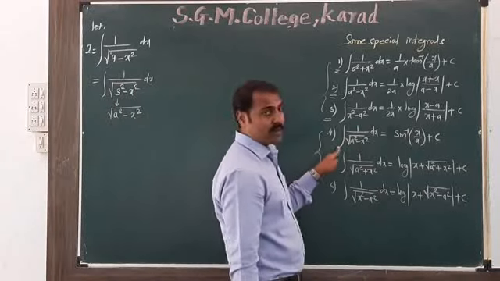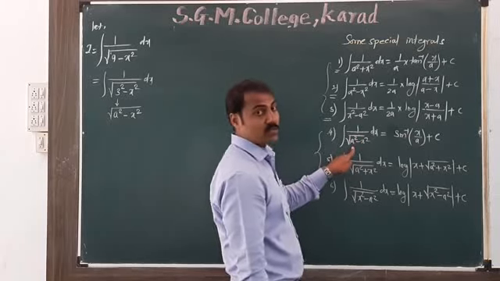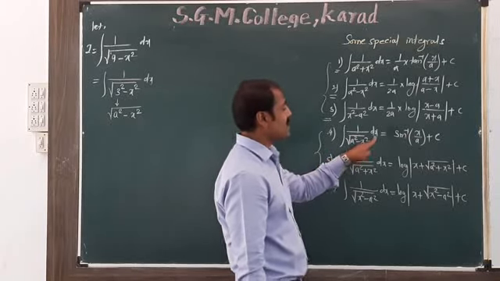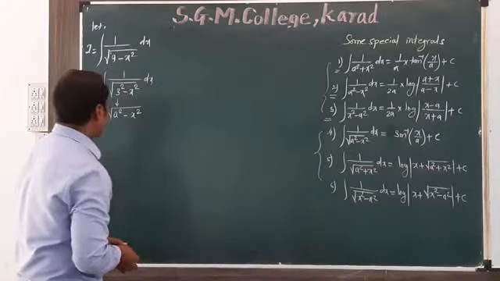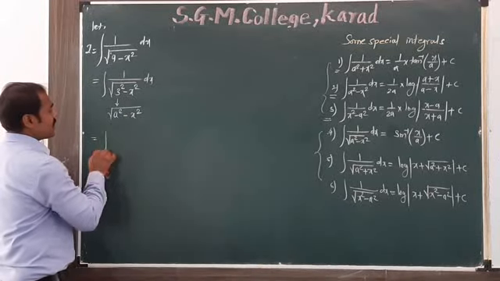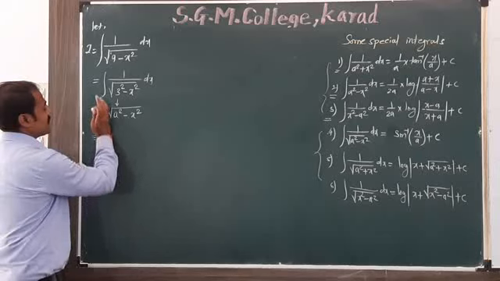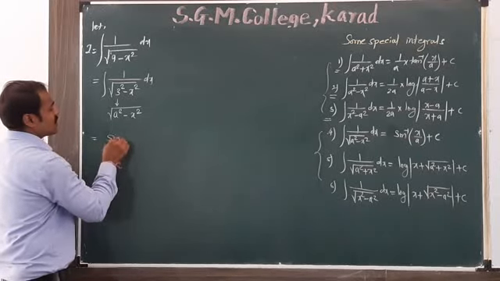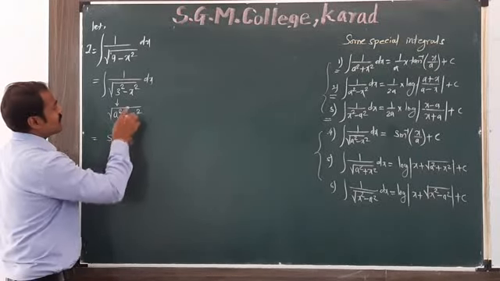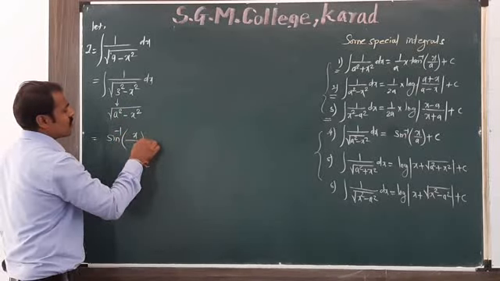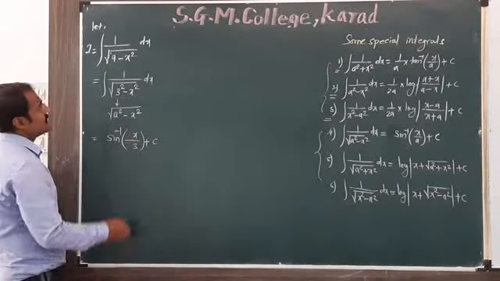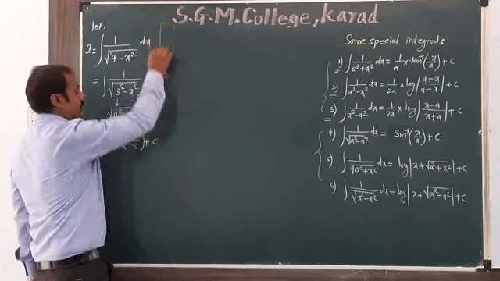And here is the formula: integration of 1 upon square root of a square minus x square dx is equal to sine inverse of x upon a plus c. So the solution of the integration is sine inverse of x upon 3 plus constant of integration c. It's our final answer.